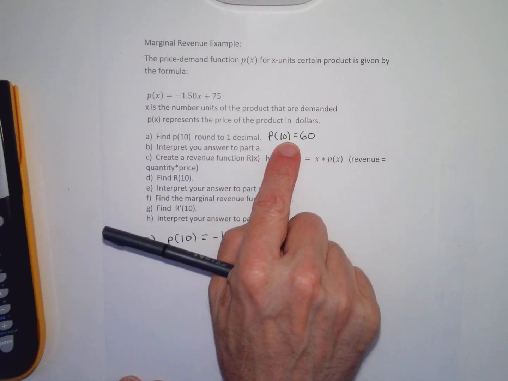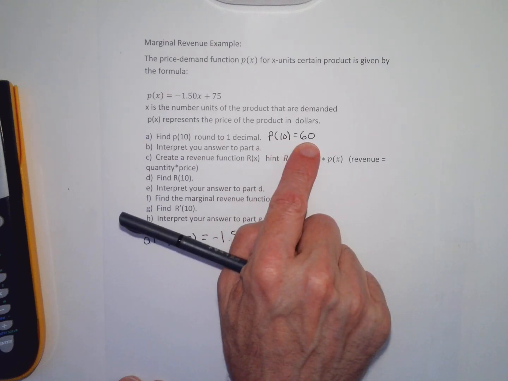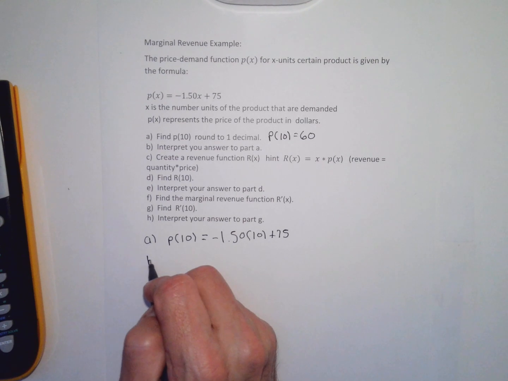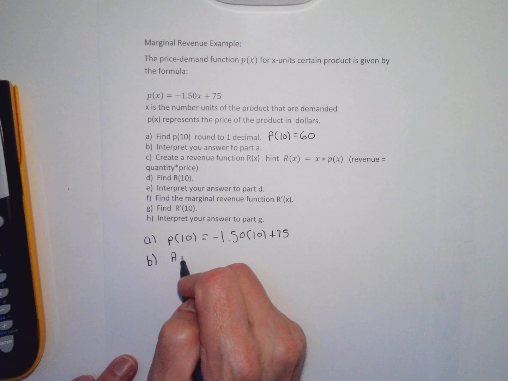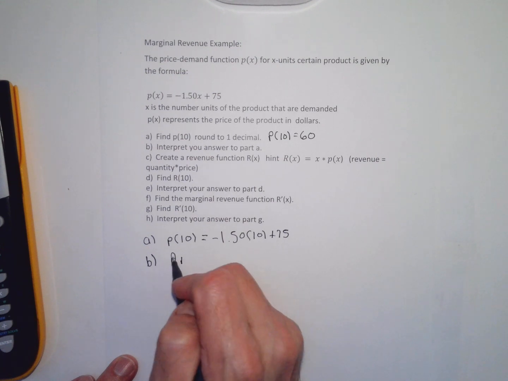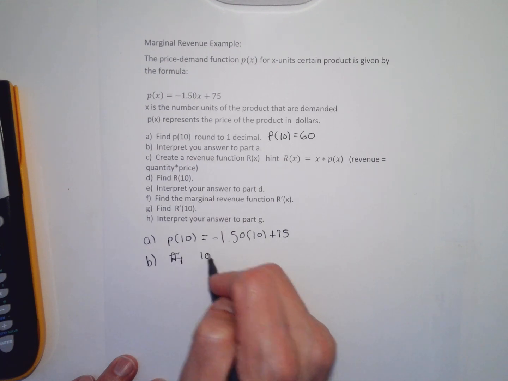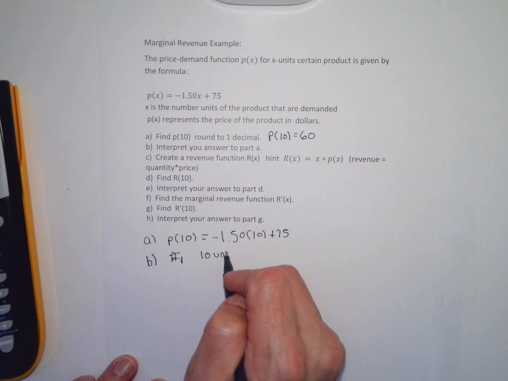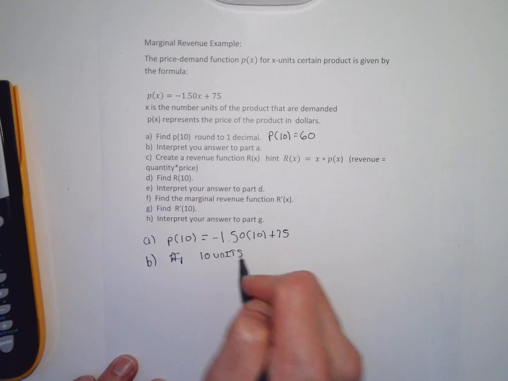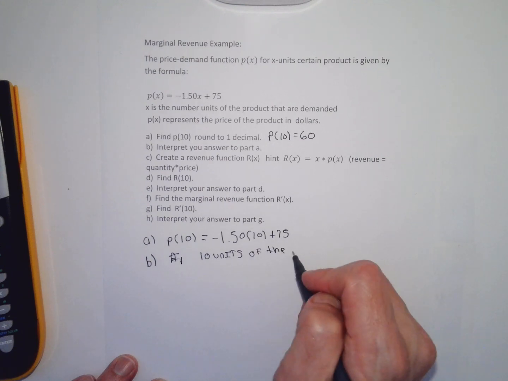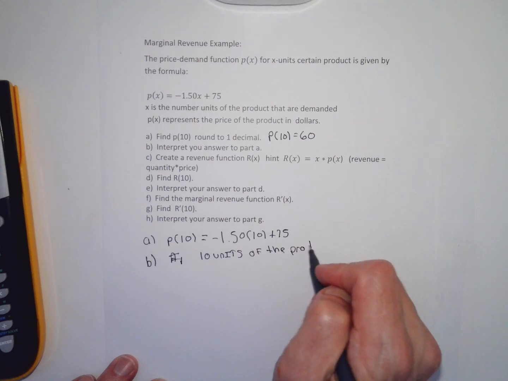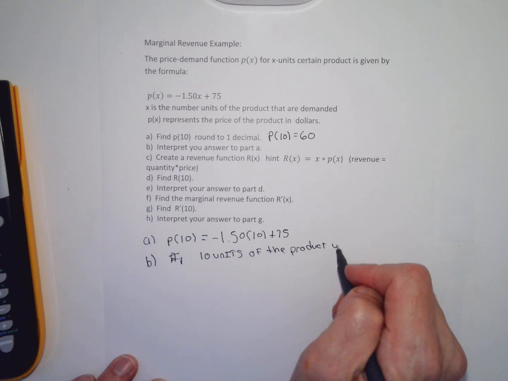Now I need to interpret. Well, the 10 stands for the number of units that we want to sell. The 60 stands for the dollars. So for part B, something like this: 10 units of the product, the 10 is the number of units of the product, 10 units of the product will be sold.